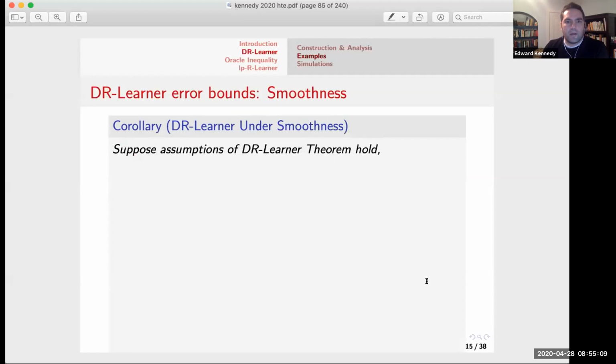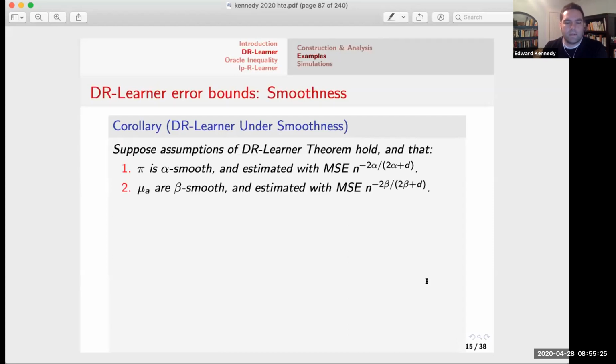Okay, so now we're going to apply this error bound for the DR learner approach in the smoothness setup. We're going to think about the case where the propensity score is alpha smooth, so that we can estimate it with mean squared error n to the minus 2 alpha over 2 alpha plus d. The regression function is beta smooth, so we can estimate that at n to the minus 2 beta over 2 beta plus d.